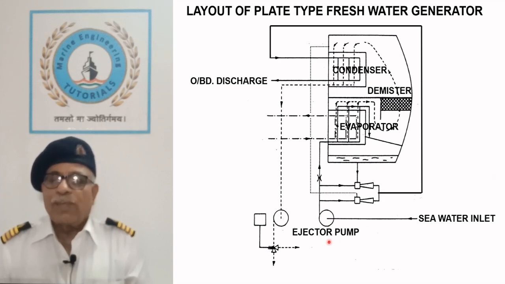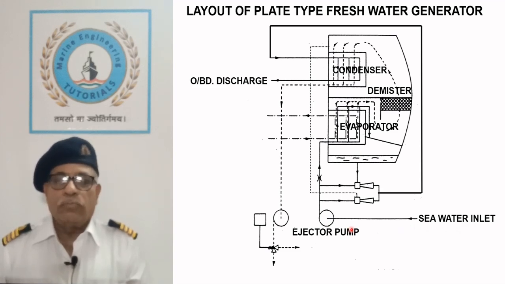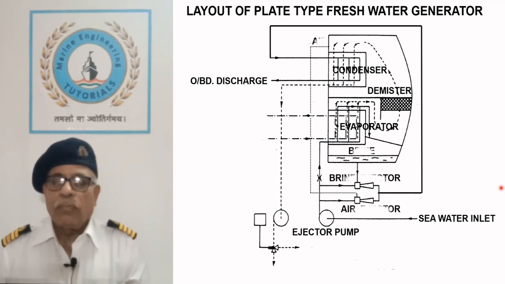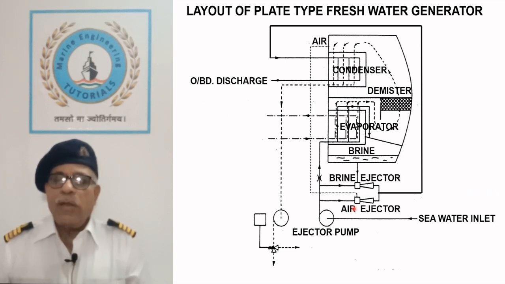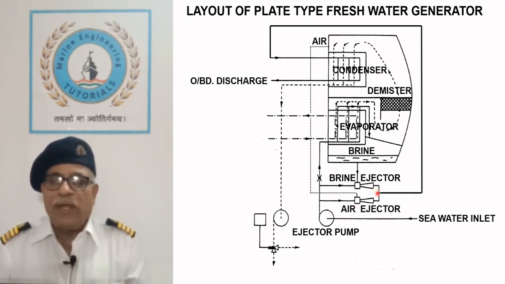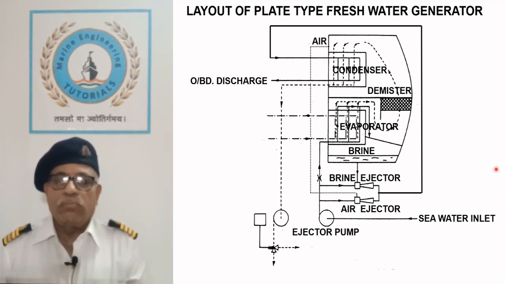Ejector pump supplies seawater to the freshwater generator which is discharged overboard. Air and brine ejectors draw air and brine respectively from the top and bottom of the shell and maintain the vacuum.